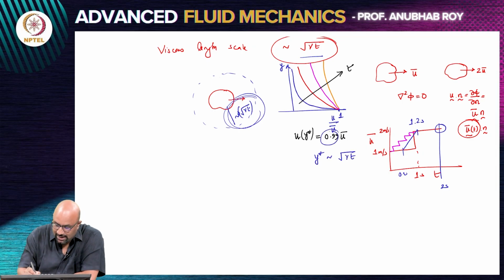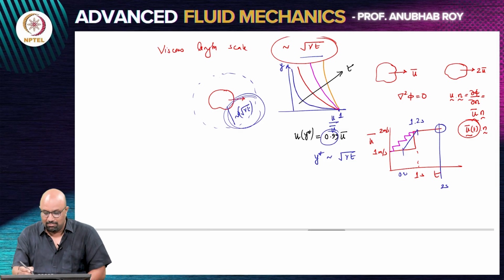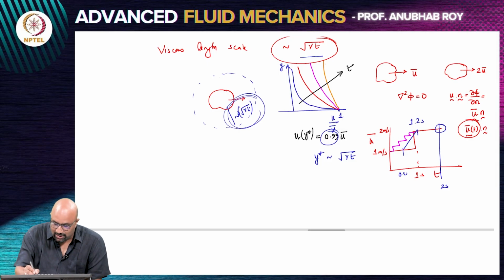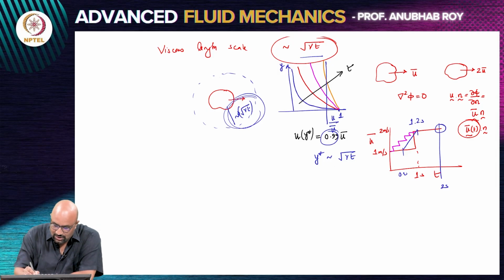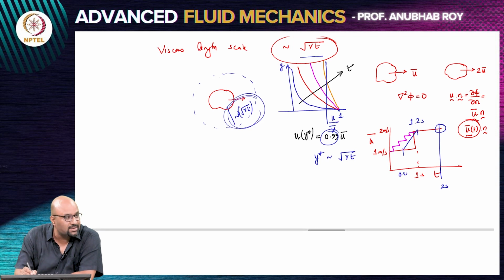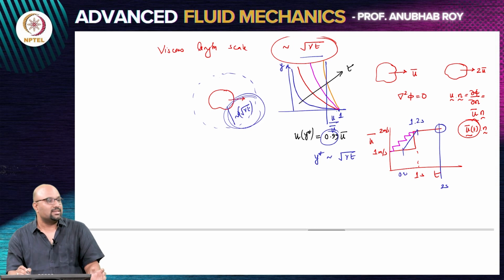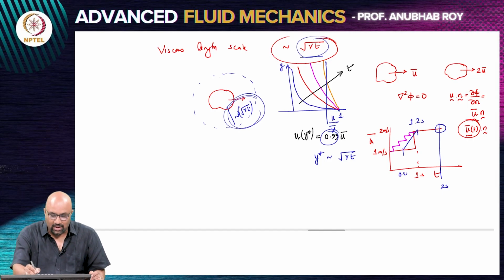Instead of 99, you can say some other number. This is just to make the point clear that the region where you achieve that velocity at a later instant in time increases because of viscous diffusion, and it goes as square root of nu t.